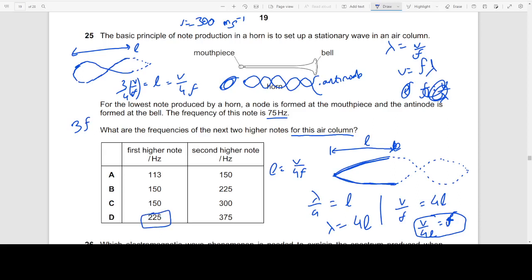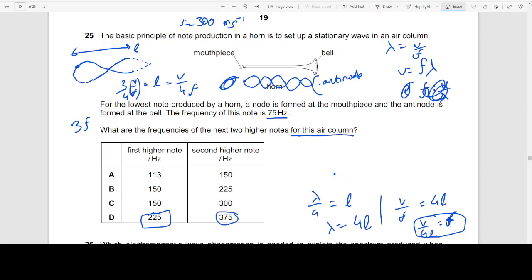We'll again calculate this for 375, which is the next higher note. We'll have this, which is one complete wave plus 1 upon 4.